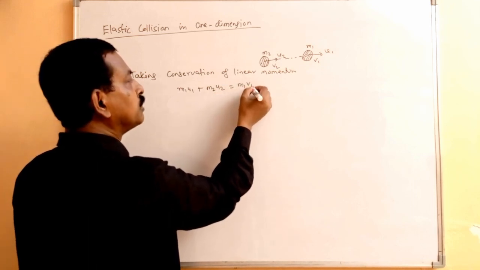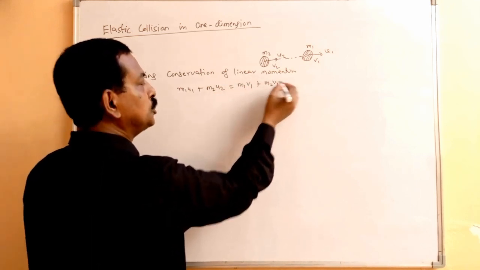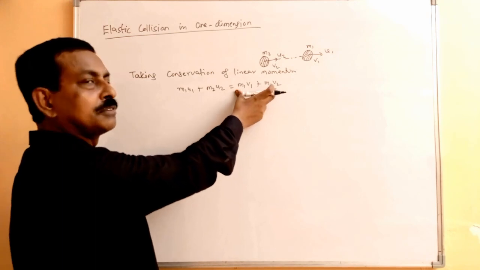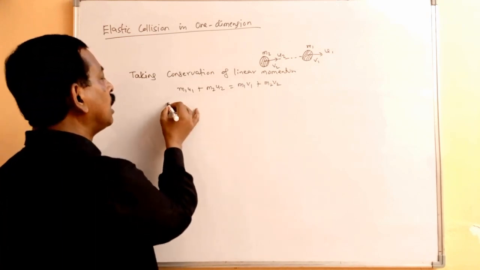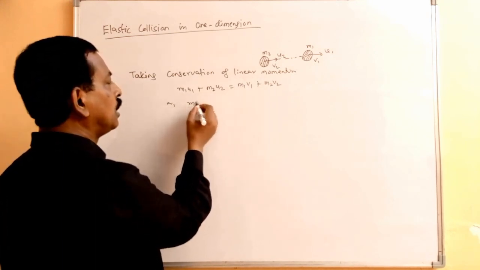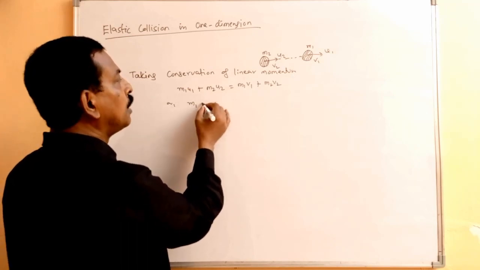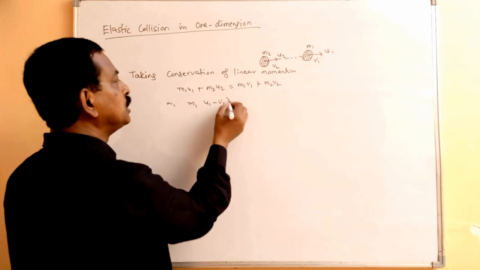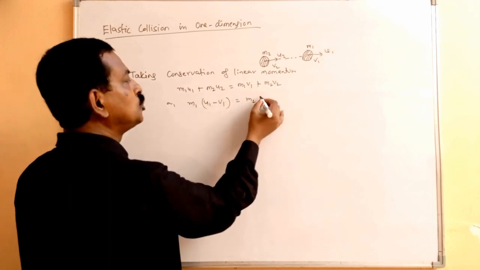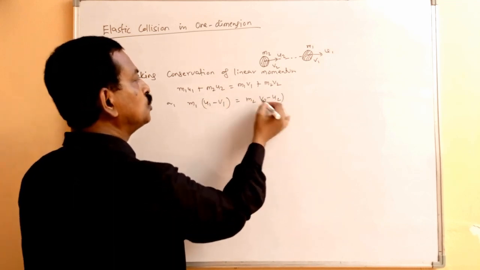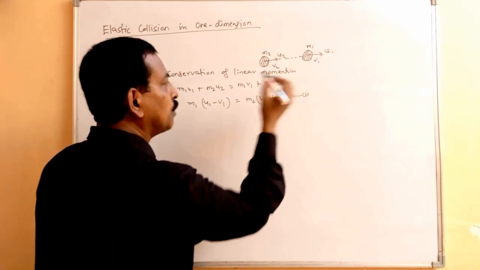This equals m1 v1 plus m2 v2, which is the sum of the momentum after collision. Or if you simply transfer the terms, it is m1 (u1 minus v1) equals m2 (v2 minus u2). Let's call this equation number 1.